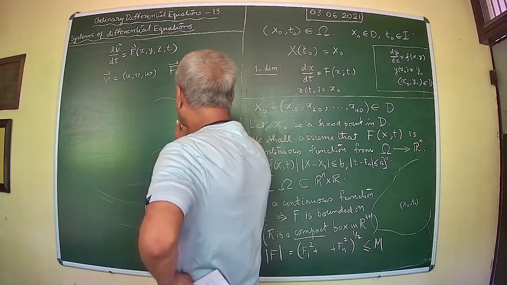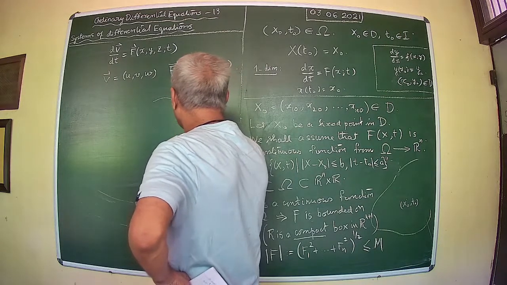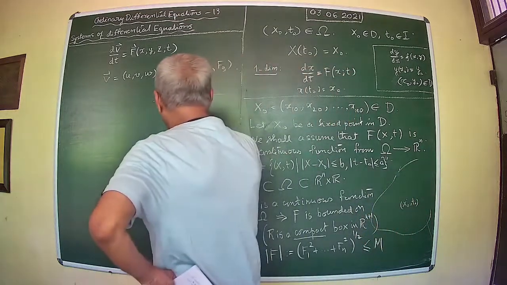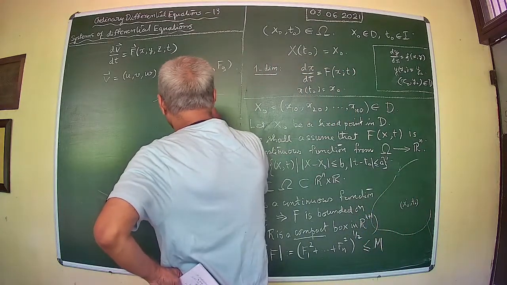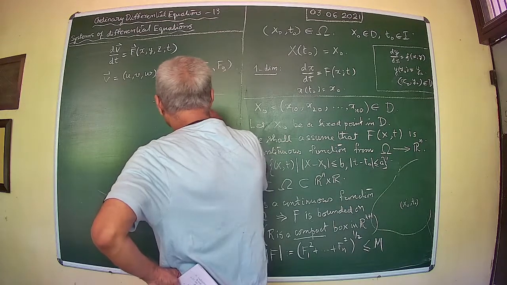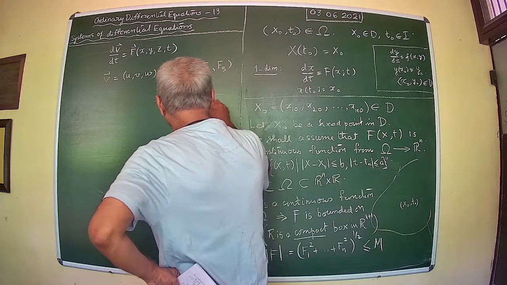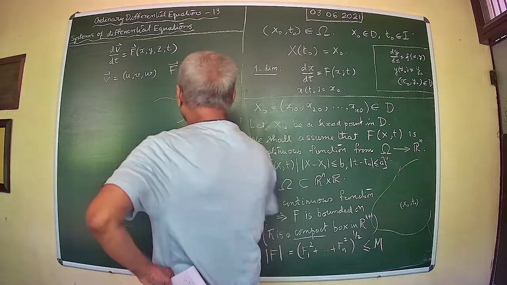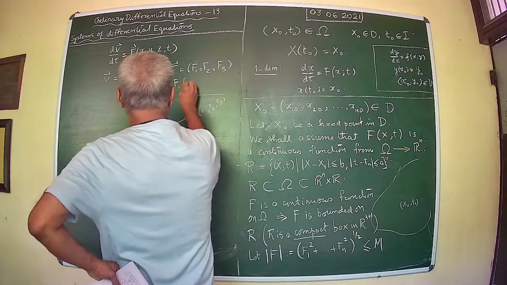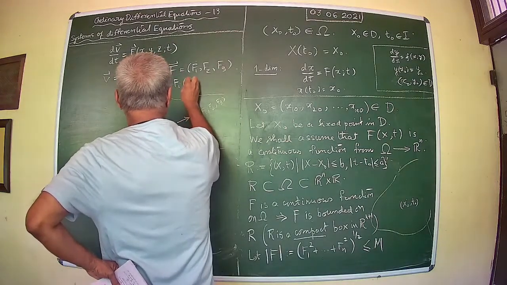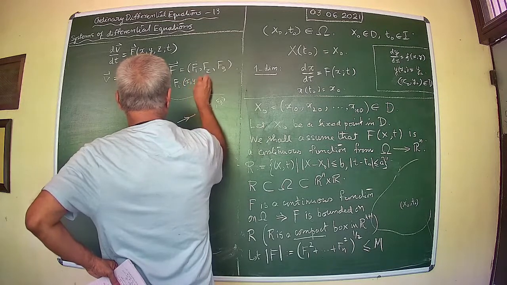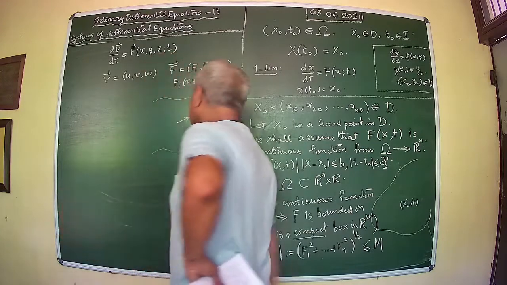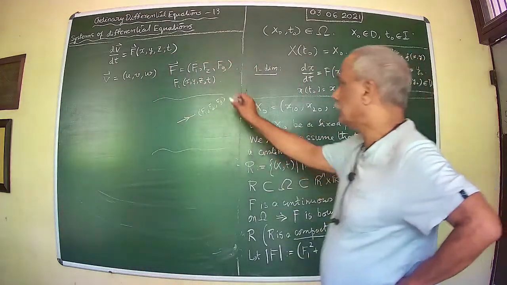Then at each point you have a vector, and the components of this vector are F1, F2, F3, where each Fi is a function of x, y, z and t. This may also depend on t.